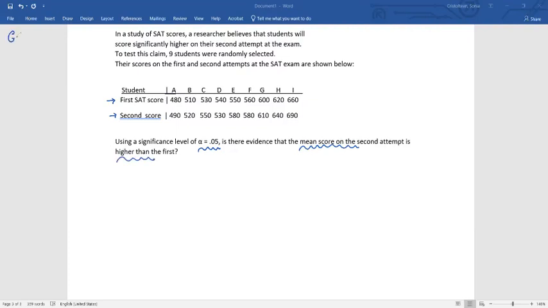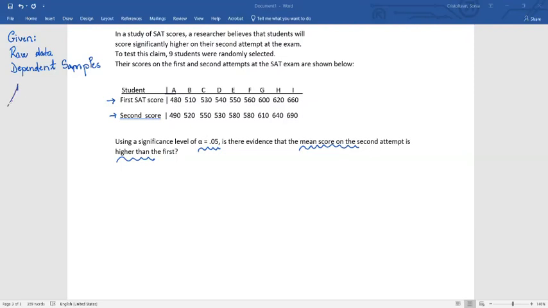I'll write down the given information right here. And what we have is raw data, and we are dealing with dependent samples. It's really important to analyze and make sure we know which type of samples we are dealing with. Is the same student taking the test twice, so before and after, or first and second. And the claim right here is that on the second attempt, they do better.